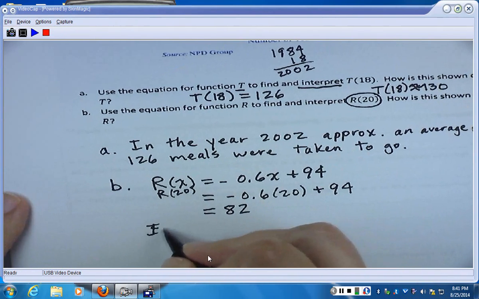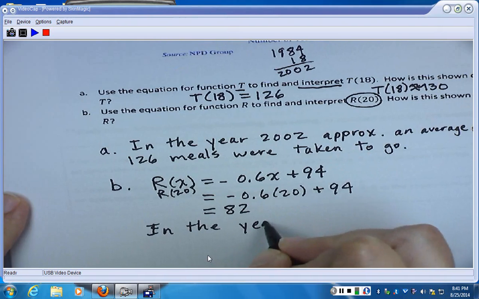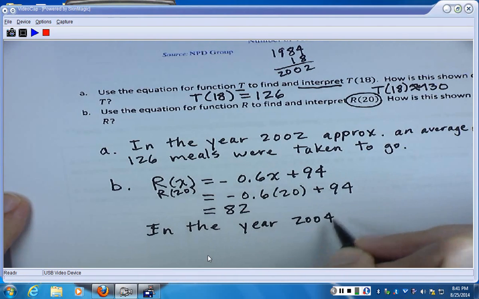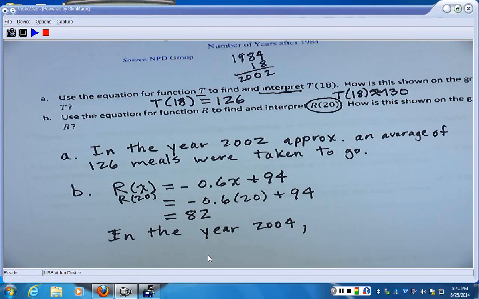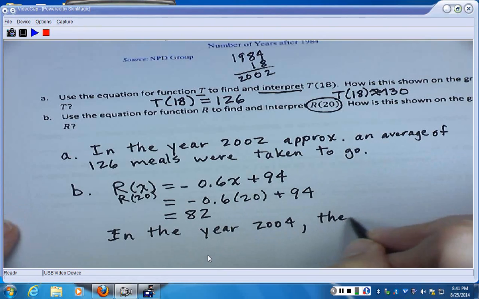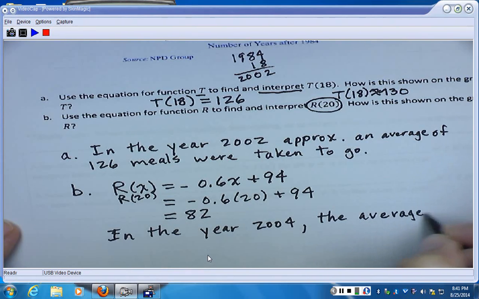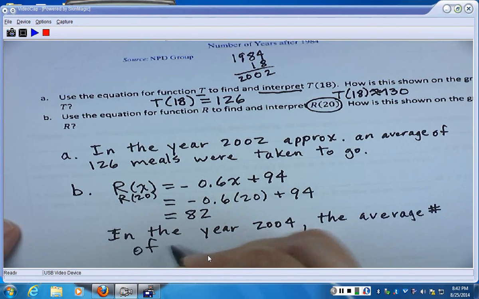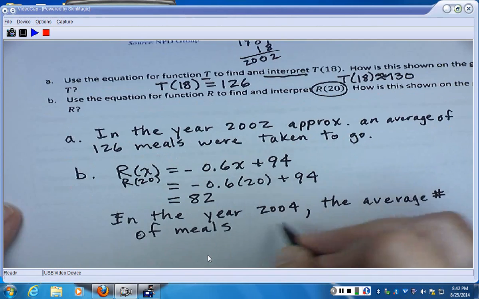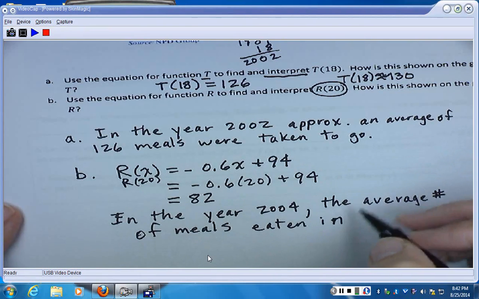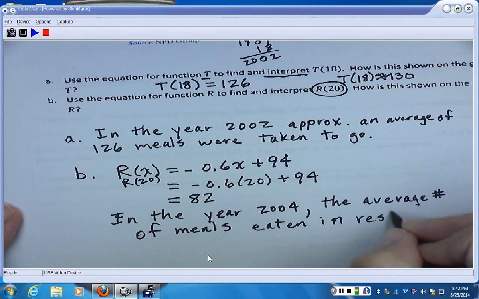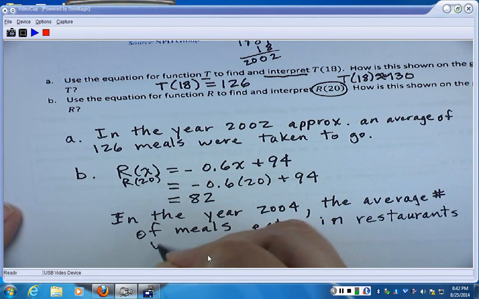So that means in the year 2004, the average number of meals eaten in restaurants was 82.